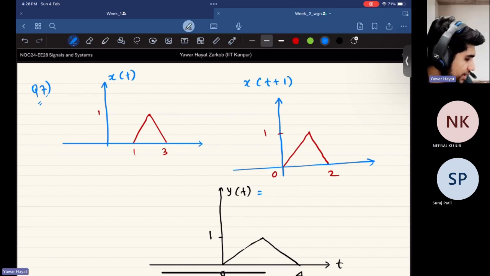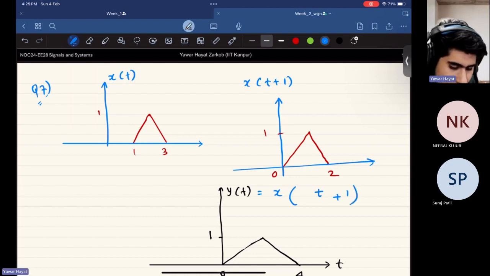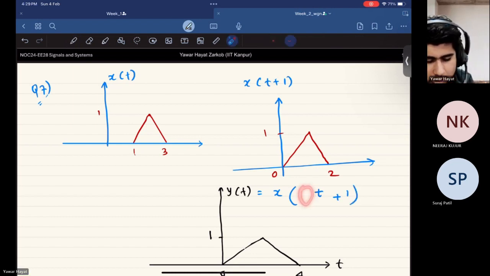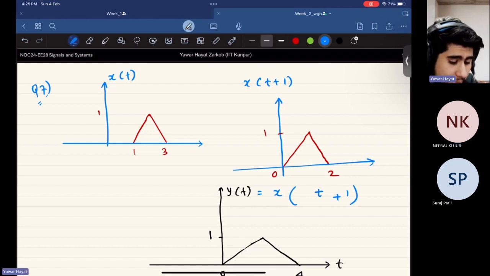Would anybody like to guess the answer? What should be this factor? Because you want to expand, this factor should be 2? 2 would compress the signal, right?